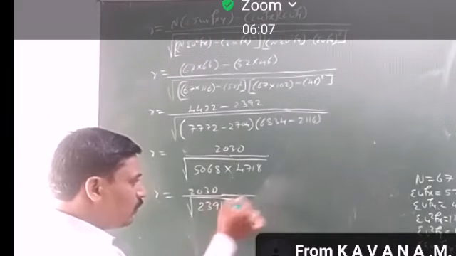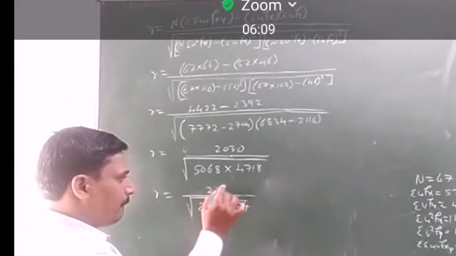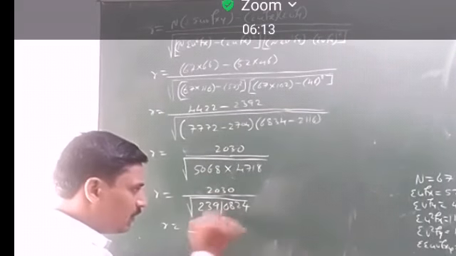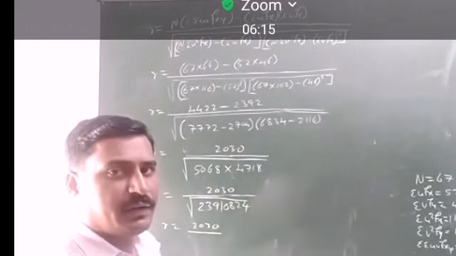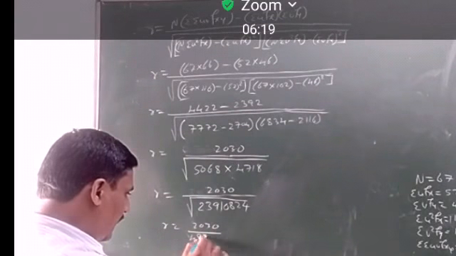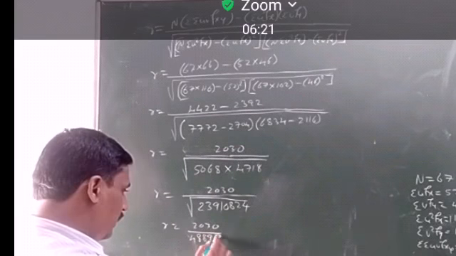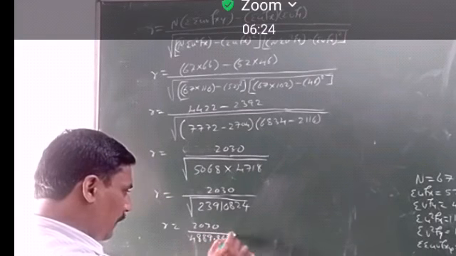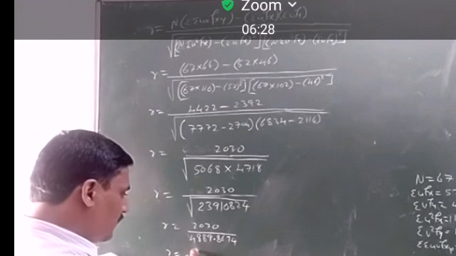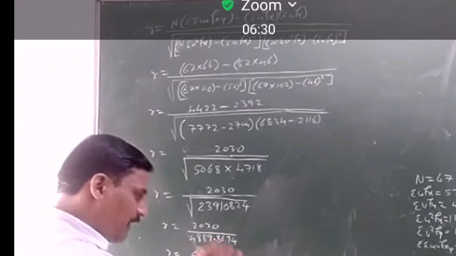Okay, root of this value. 2030 divided by root of this figure, that is I think 4889.5. So finally we get R is equal to 0.4151.